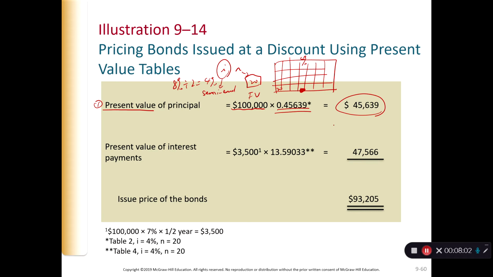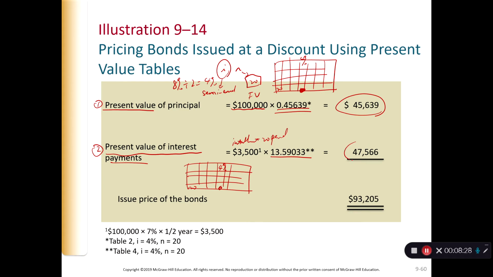$45,639. At the same time, you want to calculate the present value of the interest payment, which is the installment payment of $3,500 for 20 periods, and then you will use the present value of annuity. So you also find 4% and 20 periods, and you get this number of 13.59.